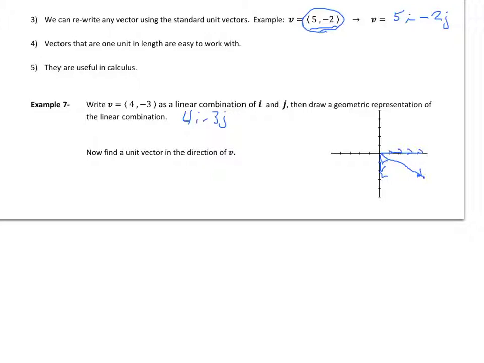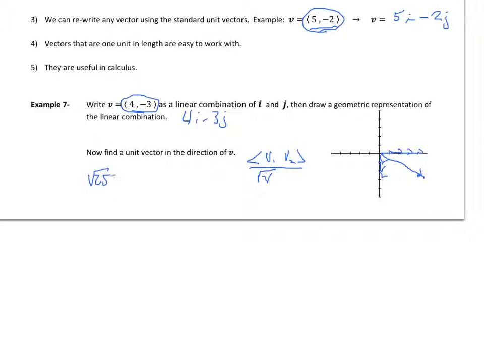All right, we've done that, pretty easy stuff. Now I want to find the unit vector in that direction. For the unit vector, it's simply this: we take our original vector, v1 and v2, and then we just divide that by the magnitude of v. So if we find the magnitude there, that's the square root of 16 and 9, 25, so it's 5, right?